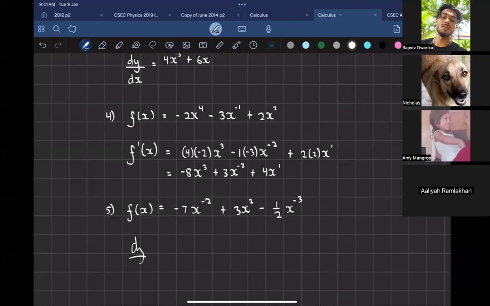Did you write dy dx? Did you write d dx? Did you write f prime x? You have to write f prime x, otherwise we are not saying what we are finding.